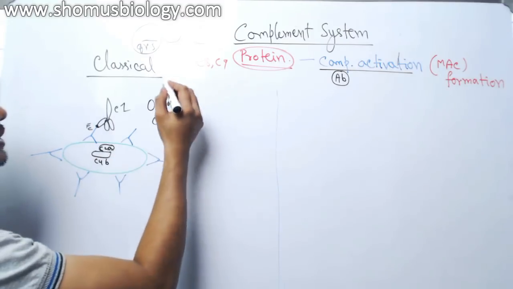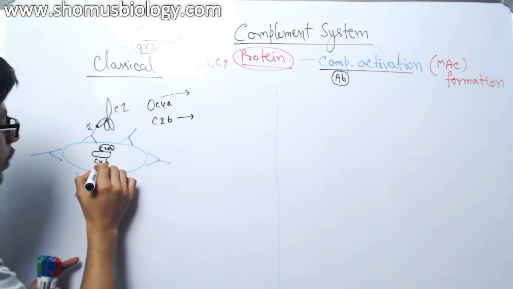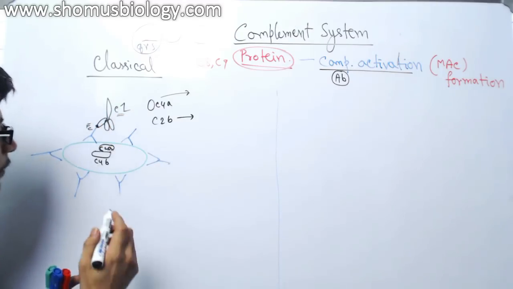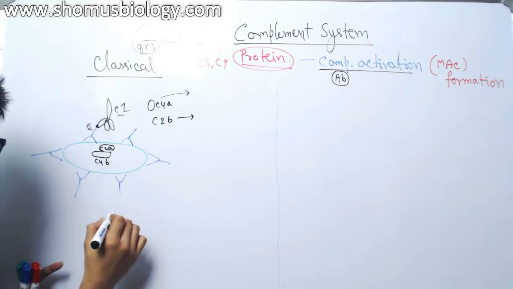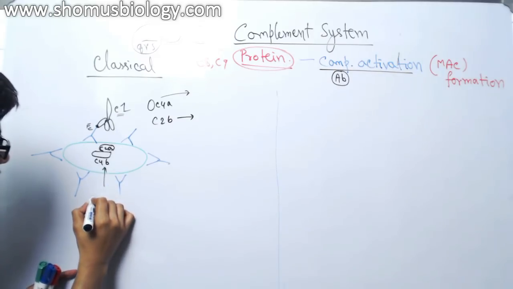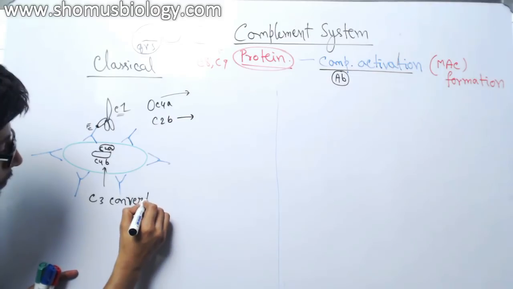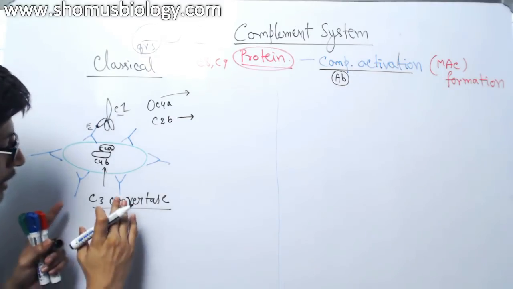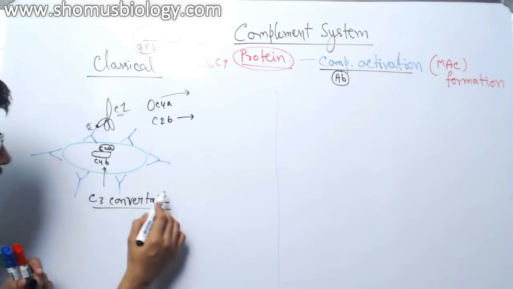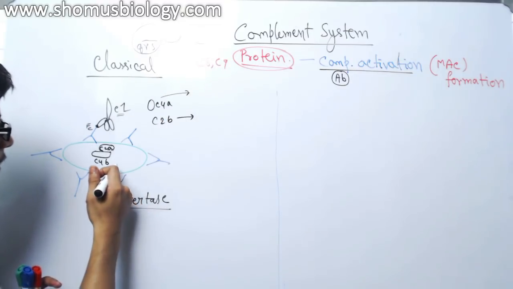Now C4B and C2A together, with C1 at the very beginning, act as C3 convertase. This C3 convertase, consisting of C4B and C2A, can break C3 down into two different fragments.